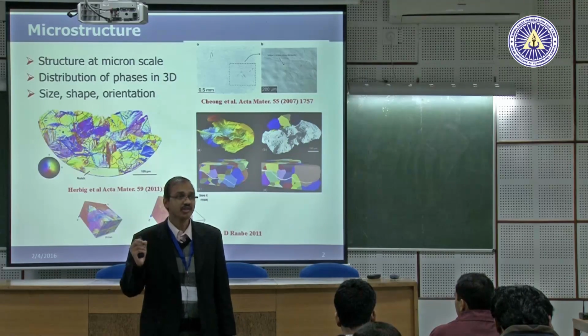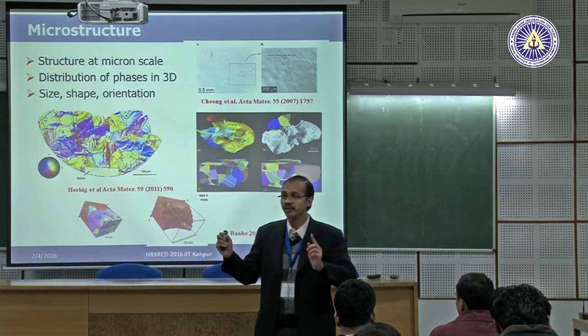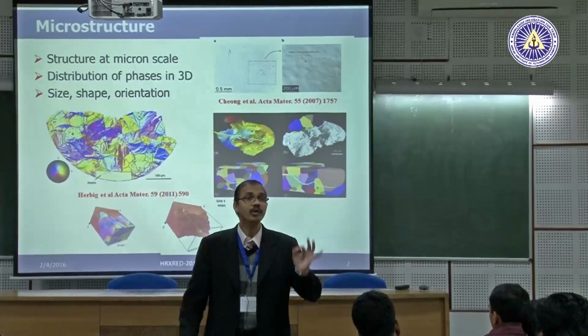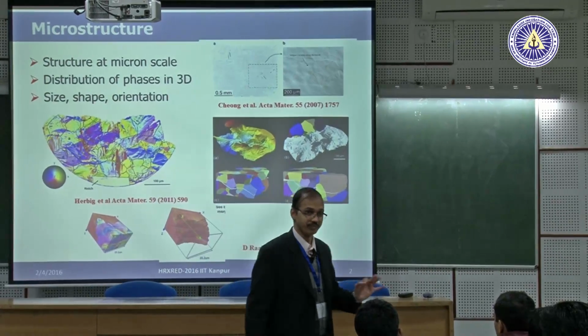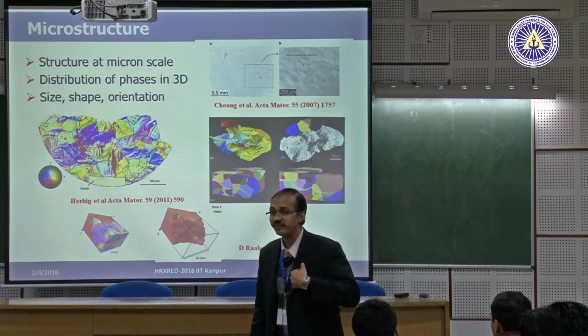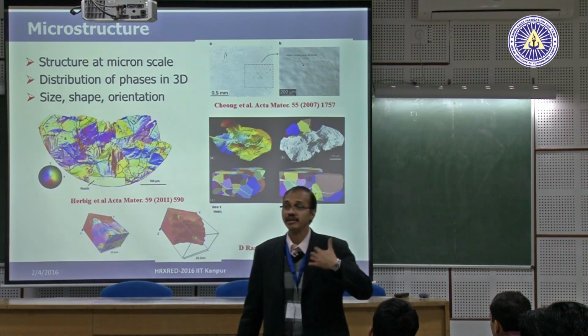So texture is nothing but preferred orientation. Preferred orientation of what? You can have morphological preferred orientation, or you can have crystallographic preferred orientation. What I am going to talk about is crystallographic preferred orientation, or what is known as crystallographic texture.